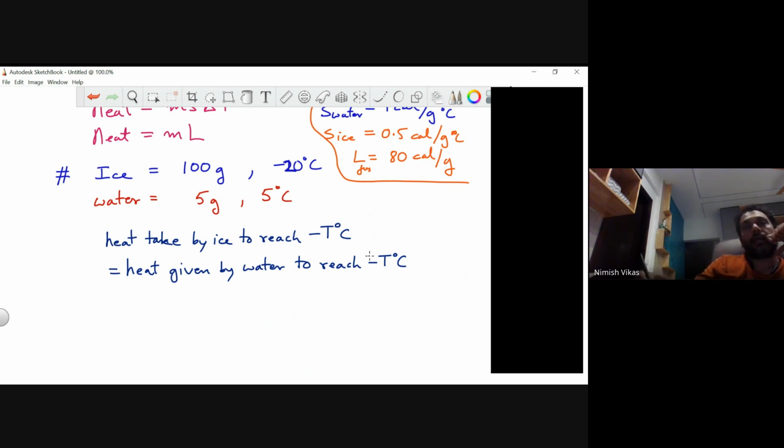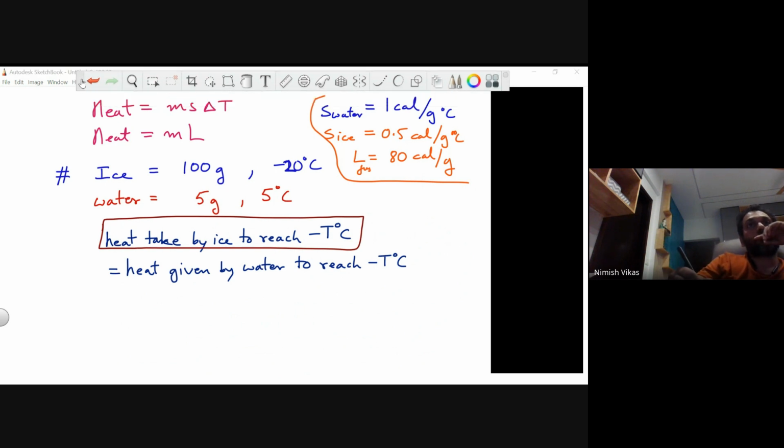So who can tell me the mathematical form of this first line? Name your name and then you speak. Mathematical form of this: heat taken by ice to reach minus T degrees Celsius from minus 20 degrees Celsius.